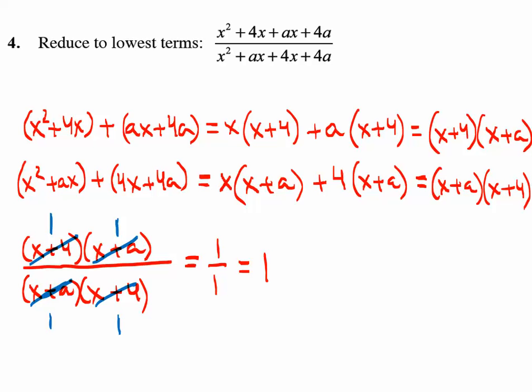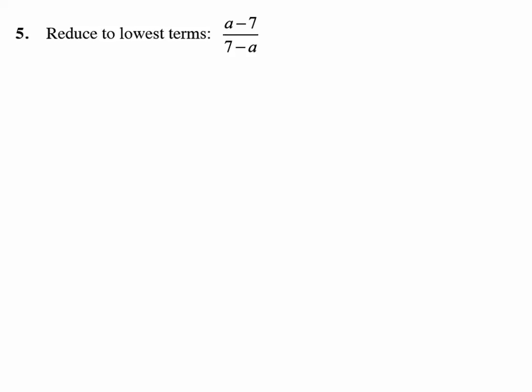Okay, so let's take a look at a little bit of a tricky one here. So I got a minus 7 on top, but then on the bottom I have a 7 minus a. And here, there are two different ways to look at it, depending on the way you want to see it.